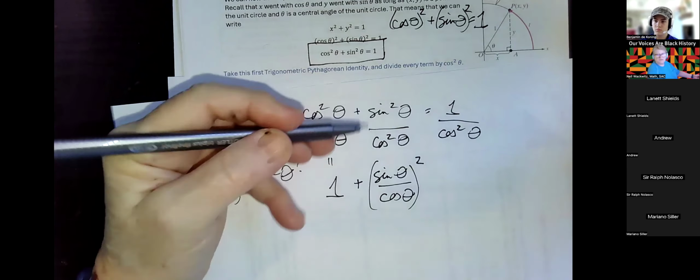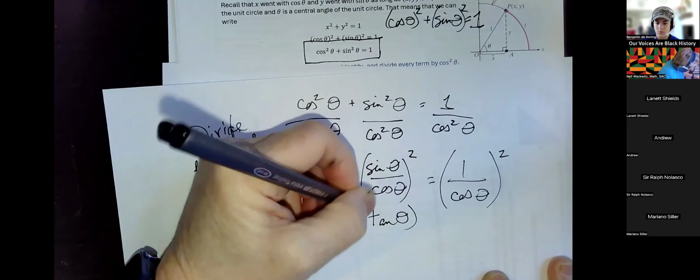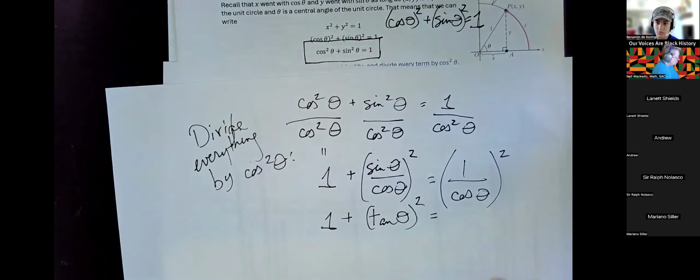No, because it's the same either way. Good, because 1 squared is 1. Okay, groovy. What is sine theta divided by cosine theta? Tangent. That's right. So we have 1 plus tangent theta squared equals, and what about 1 over cosine theta?